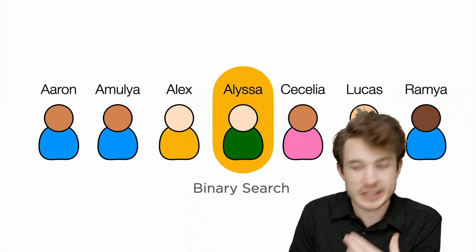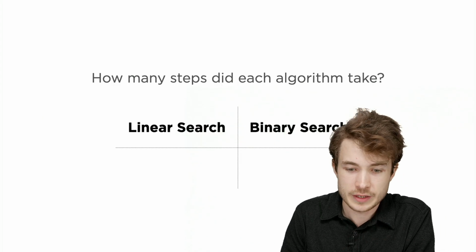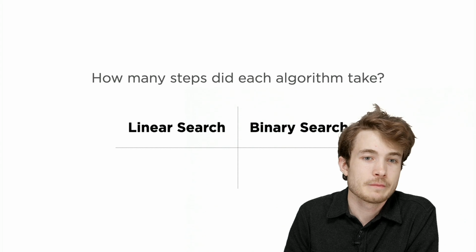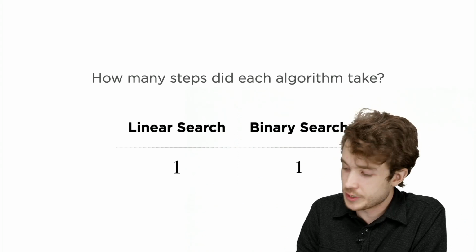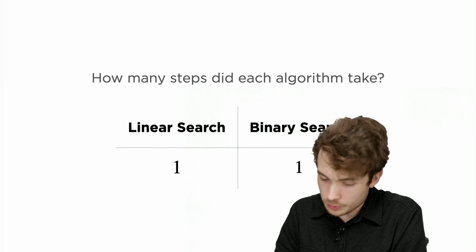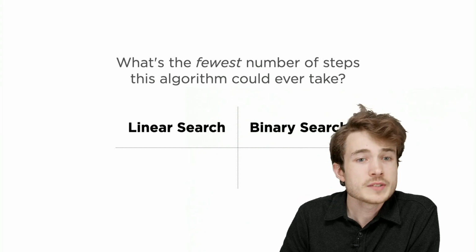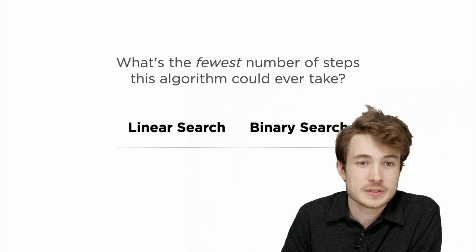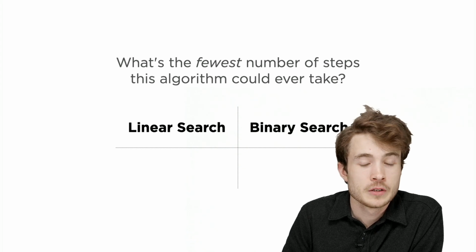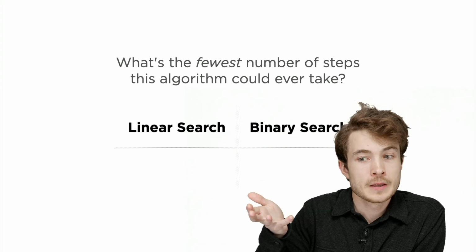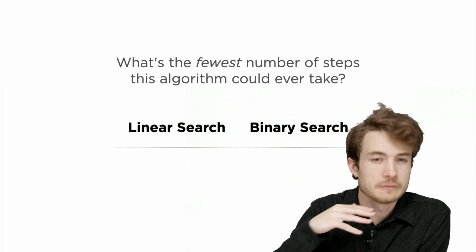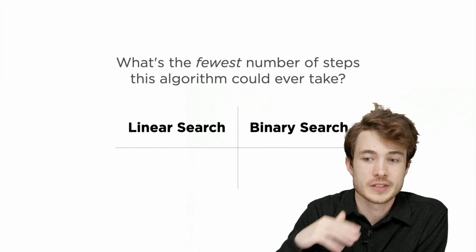So there's another question we could ask then, which is this. Well, first, how many steps did the algorithm take? Did each one take? Well, we talked about how linear search took 1, and so did binary search. But in general, we could also ask this question. What's the fewest number of steps the algorithm could ever take? So with big O notation, we talked about what's the greatest number. But now we're asking, what's the fewest number the algorithm could ever take?